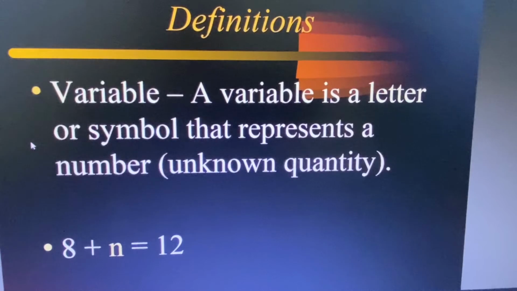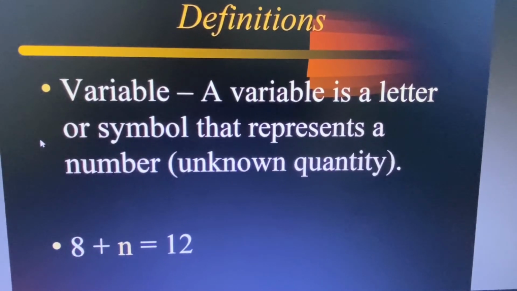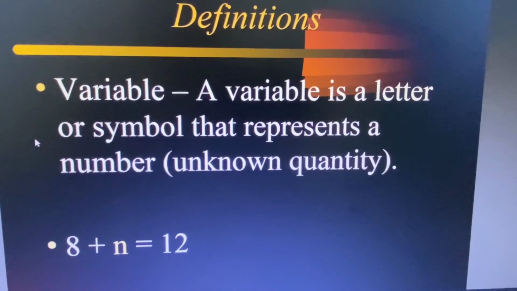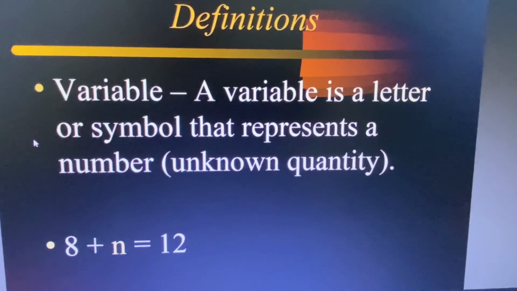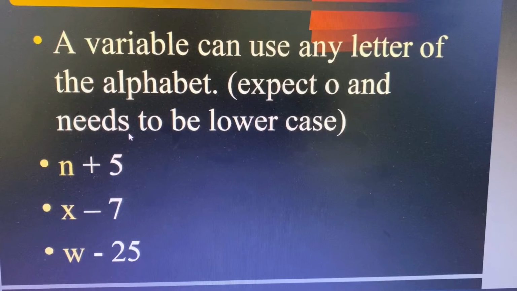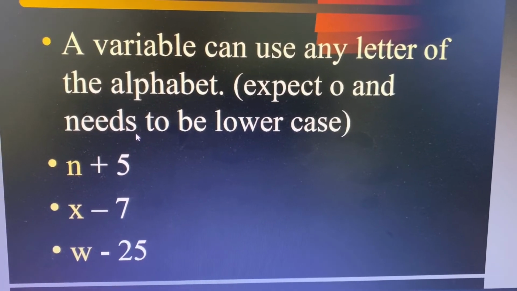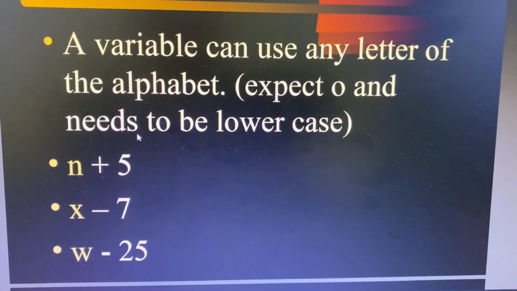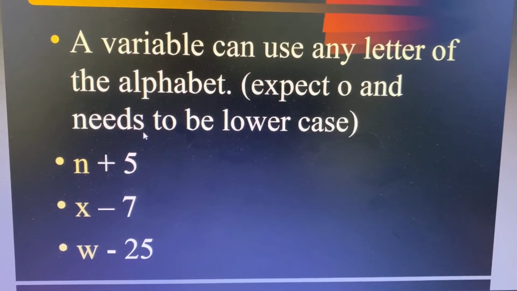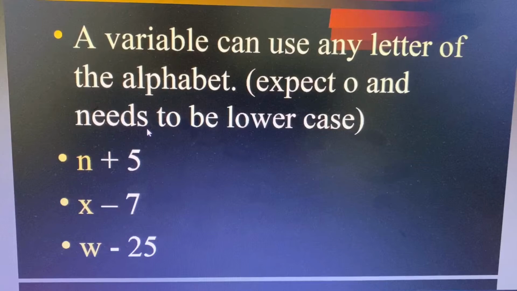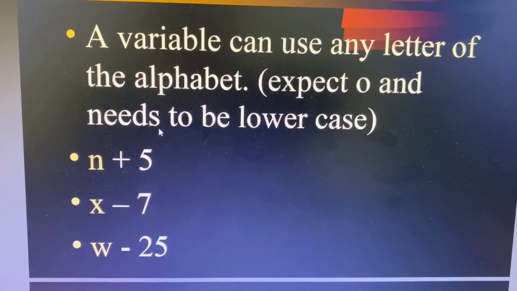The example, we have 8 plus n equals 12. So the variable used is n. A variable can use any letter of the alphabet, except O, and needs to be lowercase. Examples: n plus 5, x minus 7, and w minus 25.